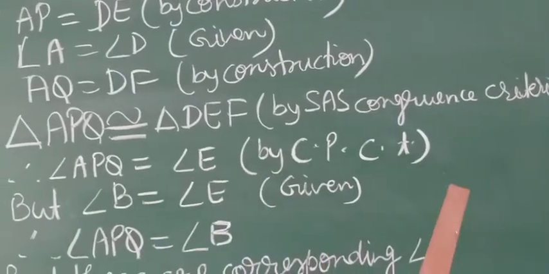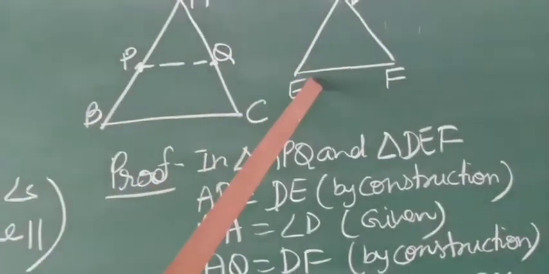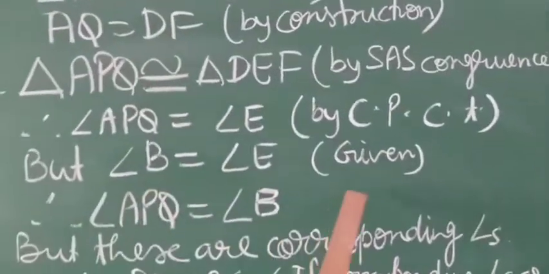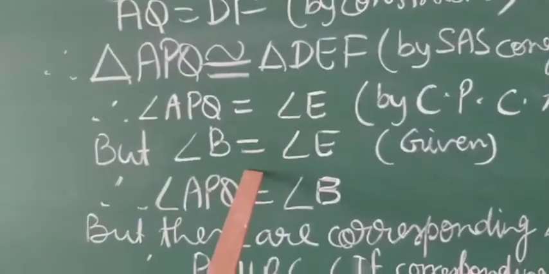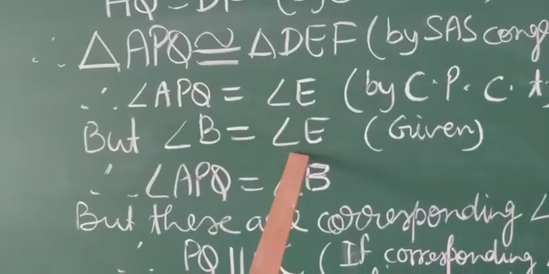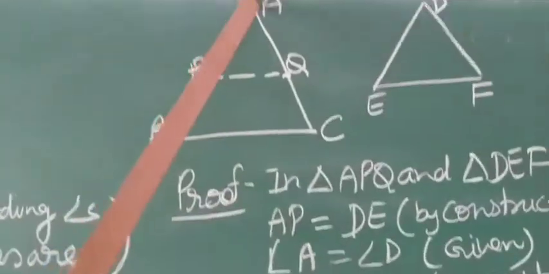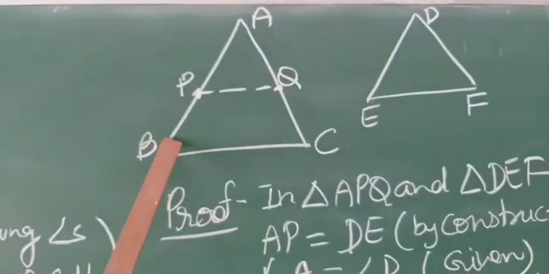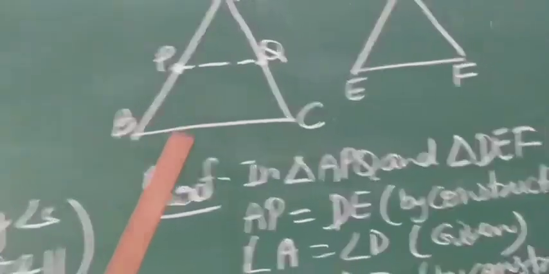by CPCT. But students, angle B also equals angle E, it is given to us. So from this equation and this equation, angle E will be cancelled. Angle APQ equals angle B. These angles are equal, students, and these are corresponding angles.